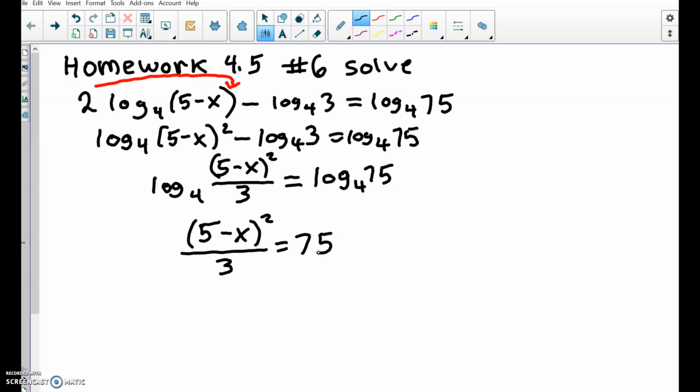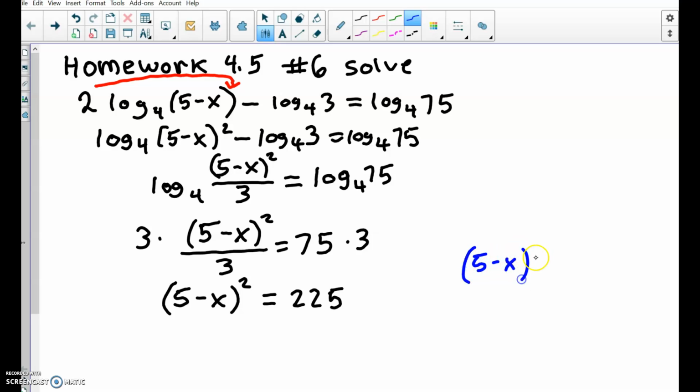All right, now we need to solve this for x. So I'm going to multiply both sides by 3. Then on the left-hand side, I need to actually do that multiplication. So I'm going to do it on the side here. So 5 minus x times 5 minus x.